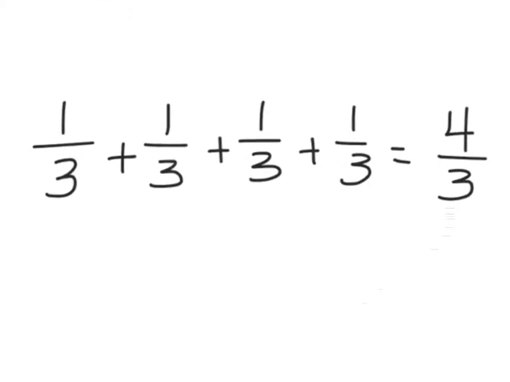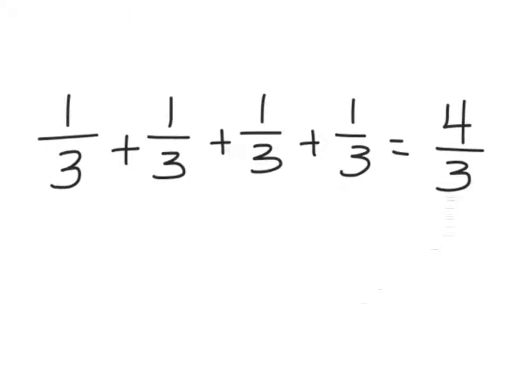Okay, now let's apply this to repeated fractions. If I'm working with thirds in this example, I have 1/3 plus 1/3 plus 1/3 plus 1/3. I would have a total of 4/3. So another way I can write this is 1/3, 4 times.